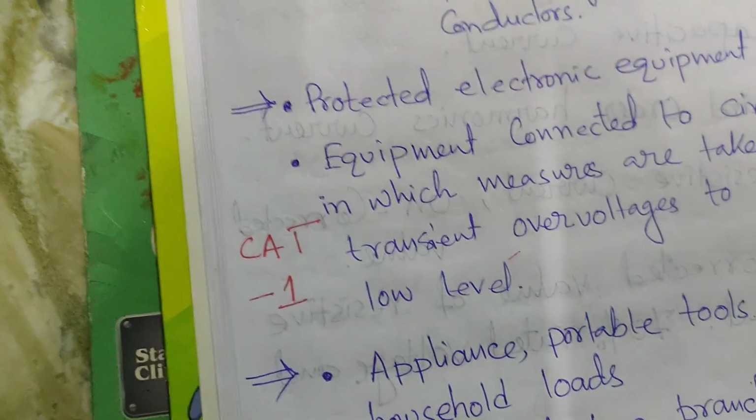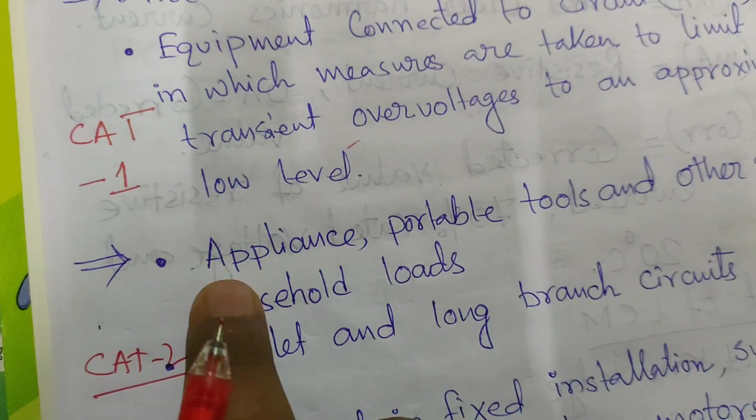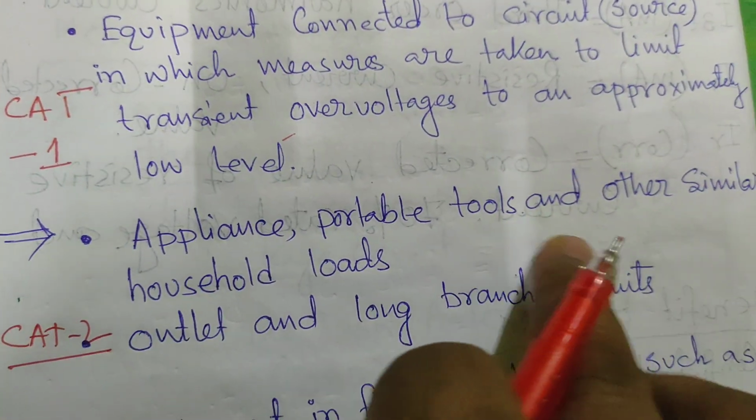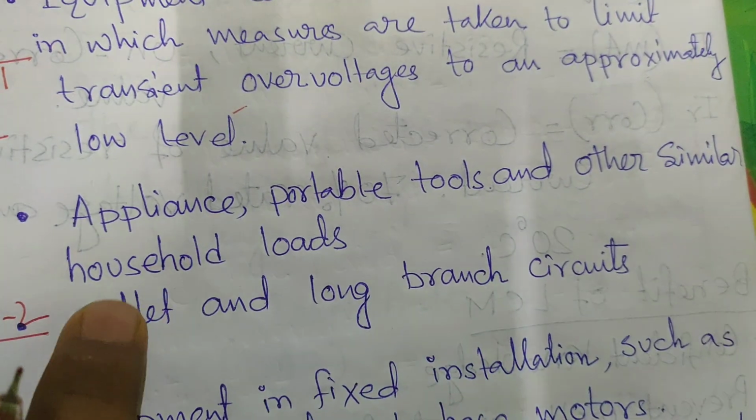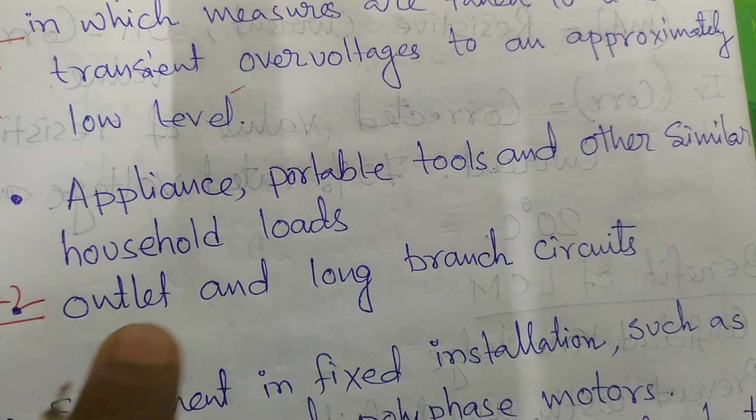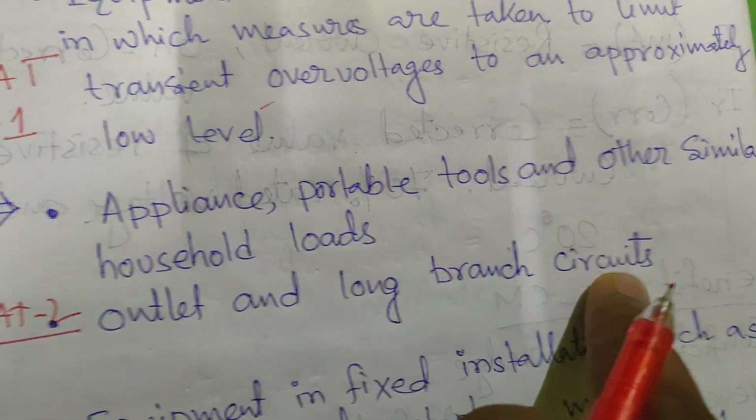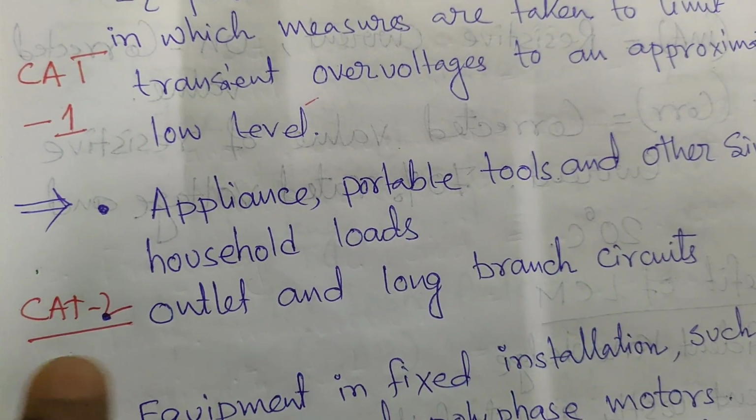Now for CAT 2: appliances, portable tools and other similar household loads, outlets and long branch circuits, which we measure with the help of the CAT 2 category type of multimeter.